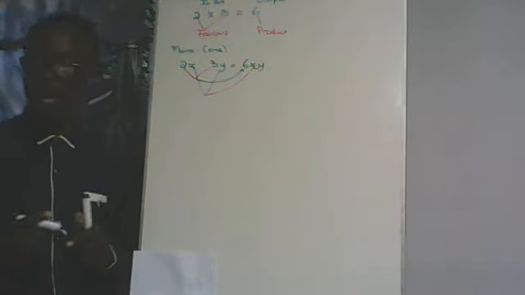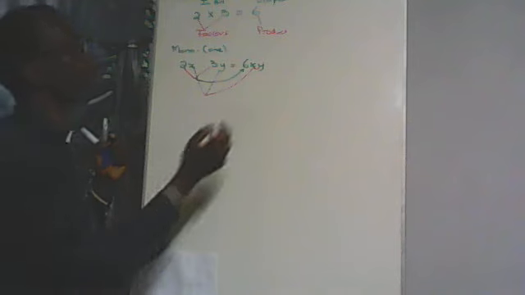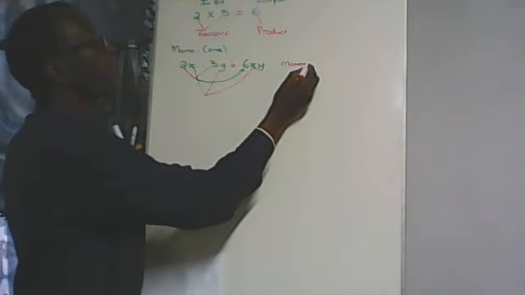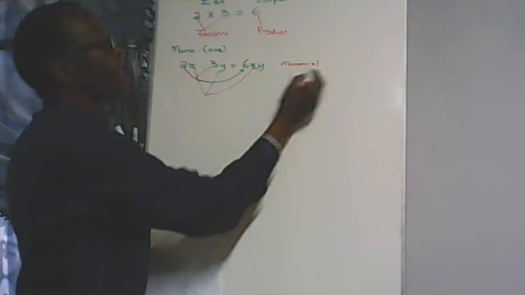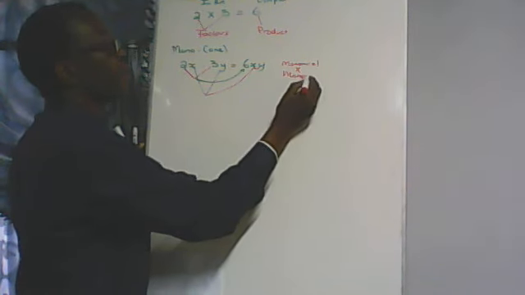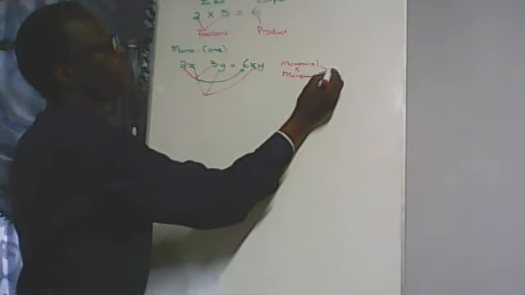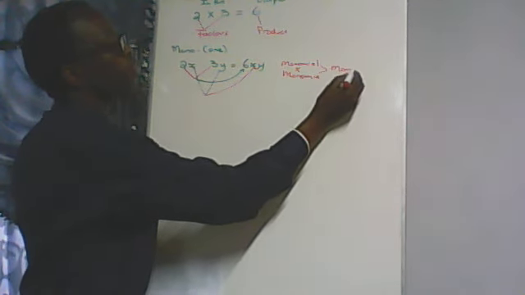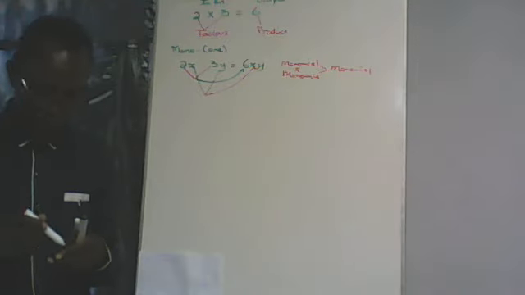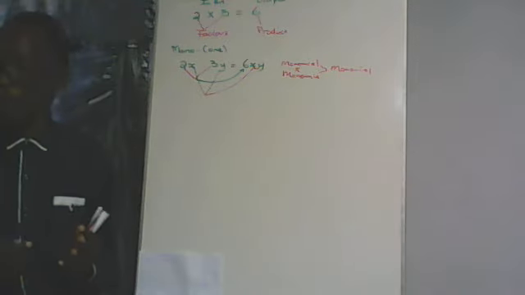So when you multiply a monomial by a monomial, the output becomes a monomial. Sometimes they will ask you the question, is it true or false?